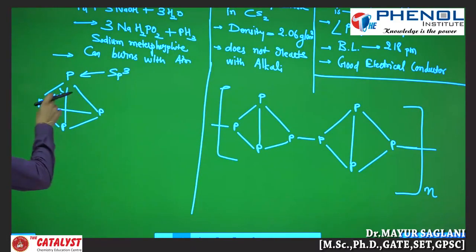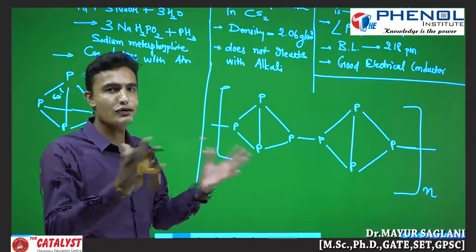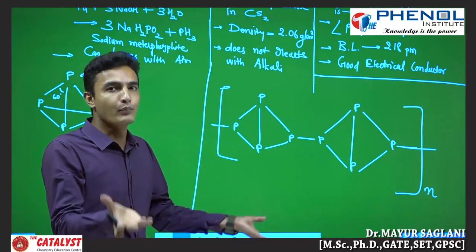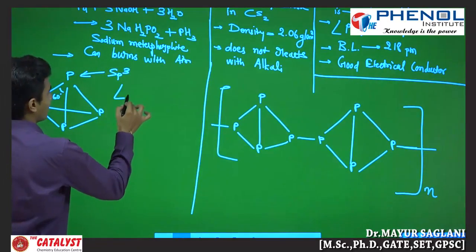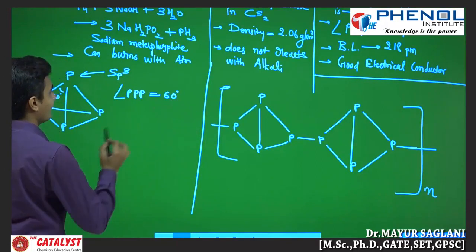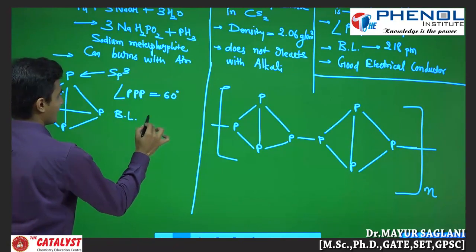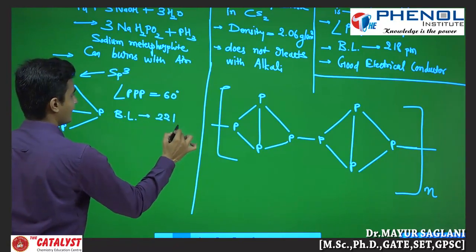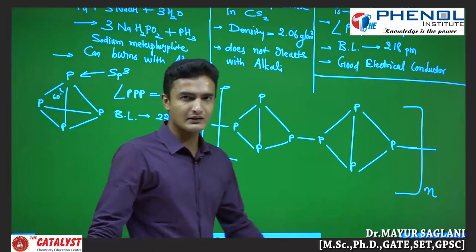There will be only a 60 degree bond angle, and that's why it is less stable and easily those bonds will break because there will be a strain in the bond. Okay, so bond angle PPP is 60 degrees, and the bond length is 221 picometer. Okay, are we clear up to this?